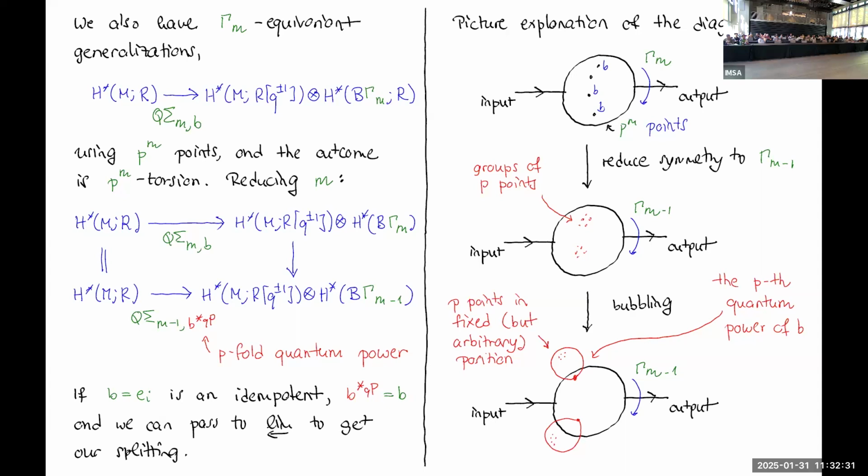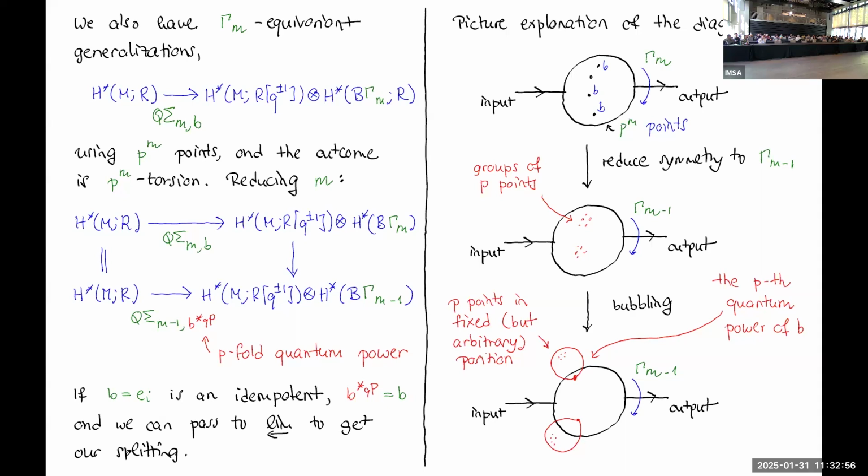After you reduce the symmetry, you again get a quantum Steenrod operation with less symmetry, but not for the same class. Instead of the class B, you apply the p-fold quantum power of the same class. And this is a commutative diagram. This explains how the symmetry m is related to the symmetry m minus 1.